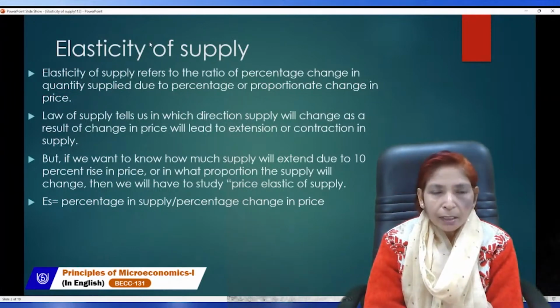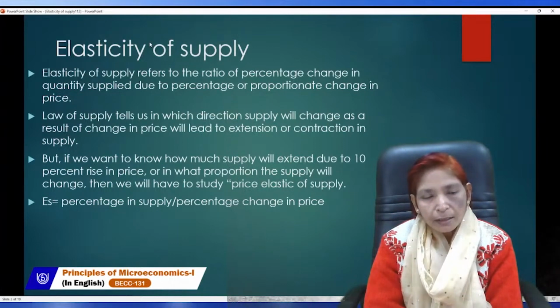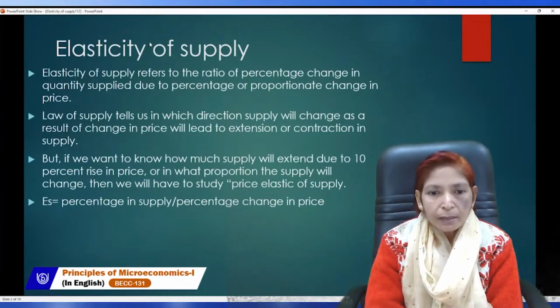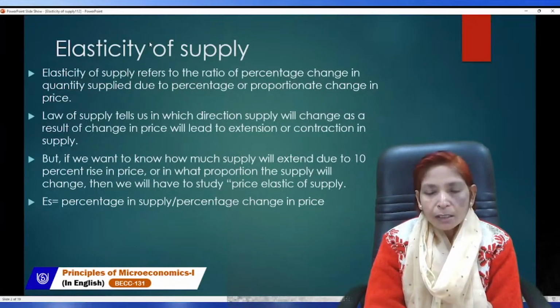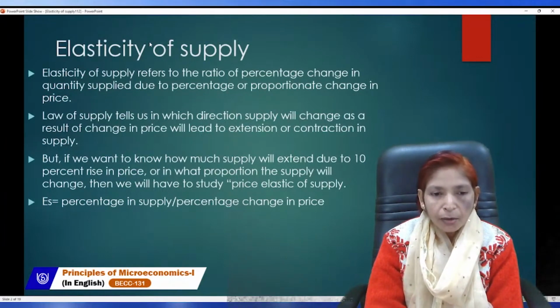We can denote elasticity of supply by ES. E represents elasticity and S represents supply. ES equals percentage change in supply divided by percentage, or proportionate, change in price. It means ES is the ratio of percentage change in supply and percentage change in price.